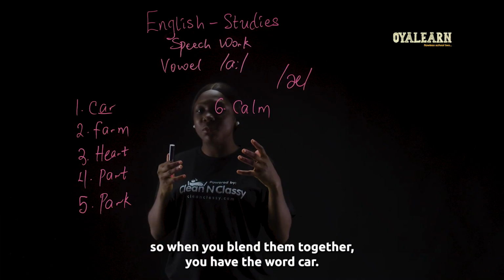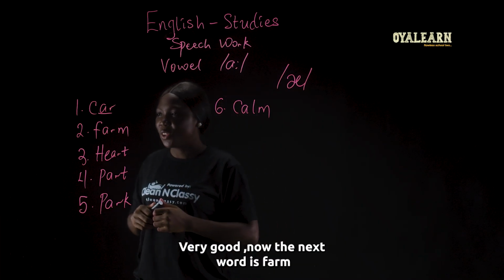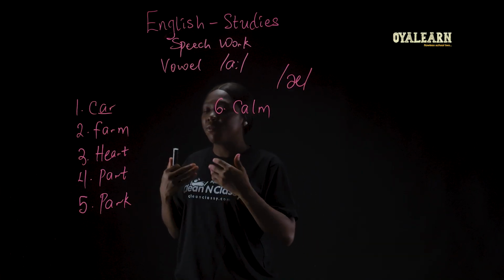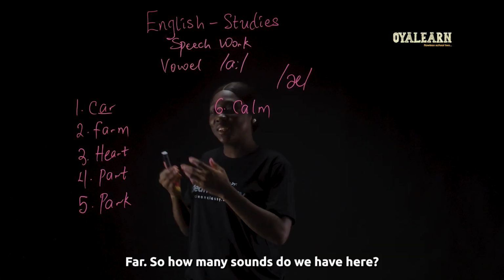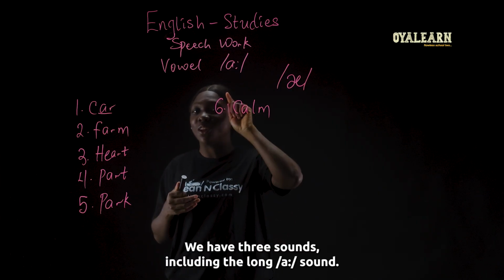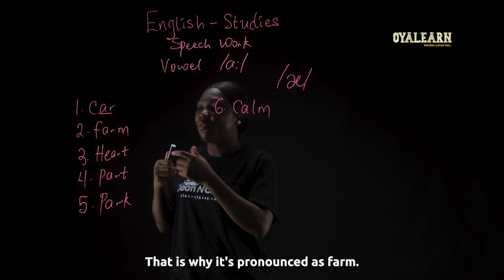So when you blend them together, you have the word car. Very good. Now the next word is farm. How many sounds do we have here? We have 3 sounds, including the long R sound.